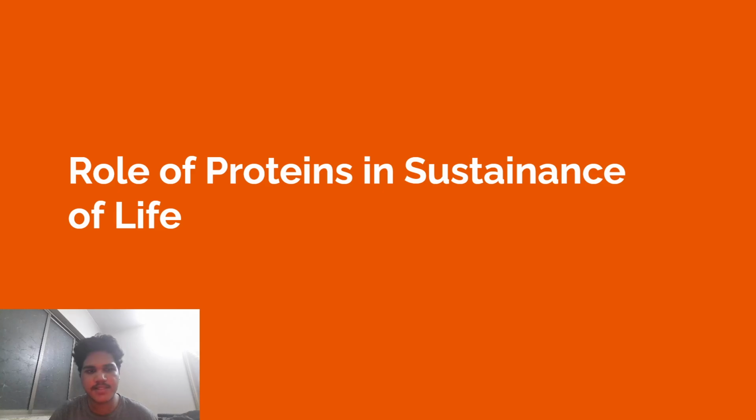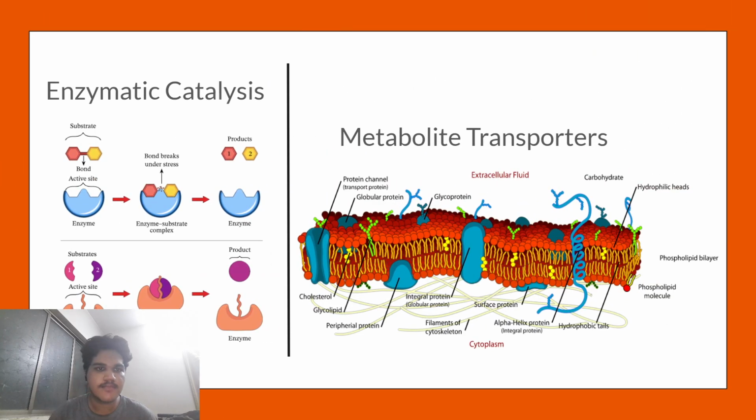Role of proteins in sustenance of life. Enzymatic catalysis. As you can see here, the substrate binds with the enzyme's active site, and the active site supplies some pressure under which the bond undergoes stress and breaks down, leading to the formation of an enzyme-substrate complex.